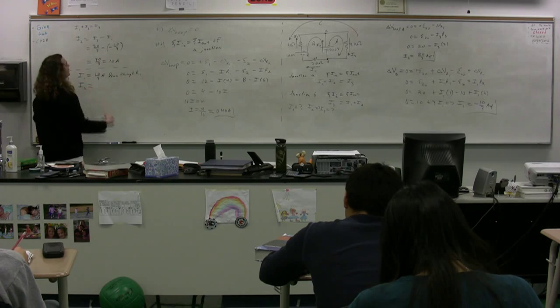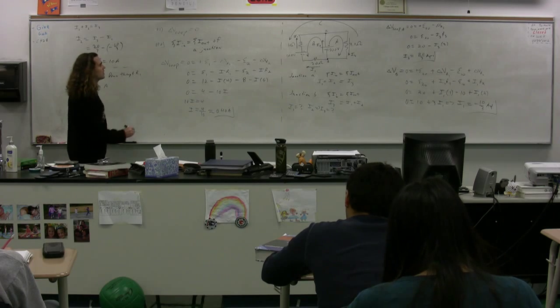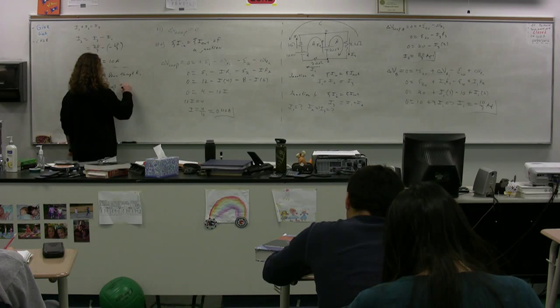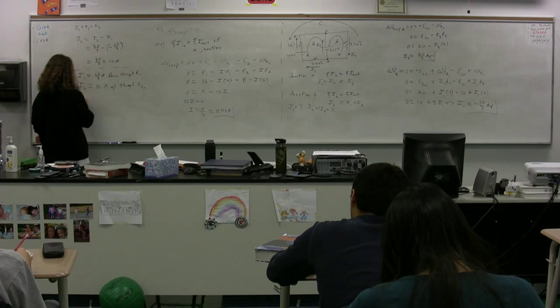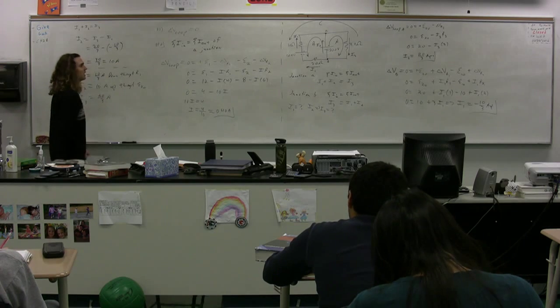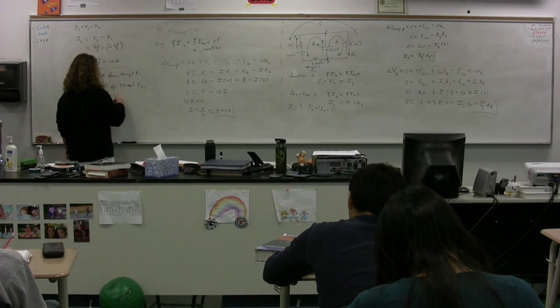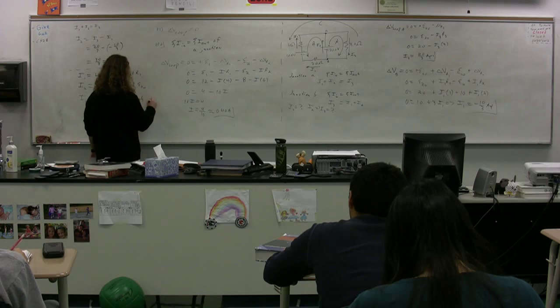Current 2 is equal to 10 amps, and that was up through EMF 20, and current 3 was equal to 20/3 amps, and current 3 was down through resistor 3.